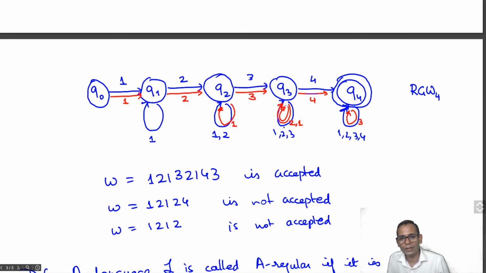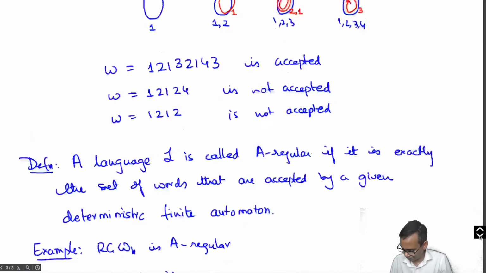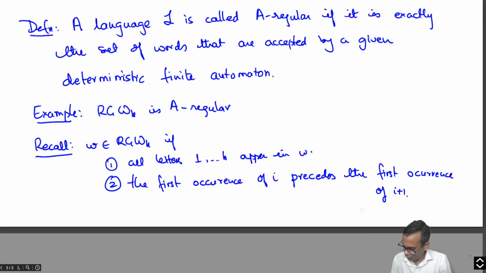Once you have a 3, you're allowed to put in ones, twos, and threes. Once you have a 4, you're allowed to put in 1, 2, 3, and 4. And once you have that, you've already reached an accepting state, and you never go out for RGW4. So this automaton demonstrates, in fact, that RGWK is A-regular.